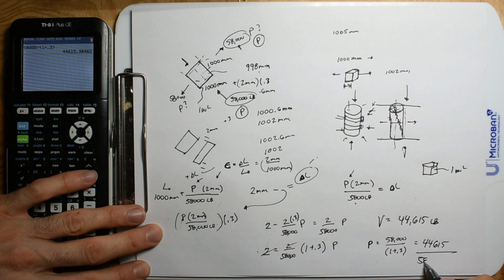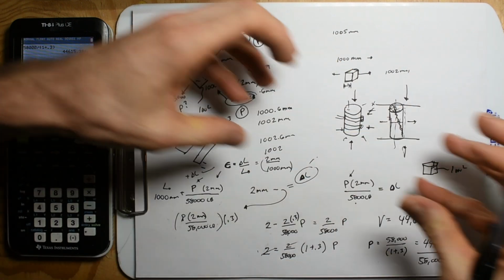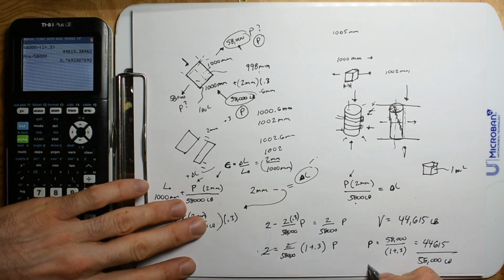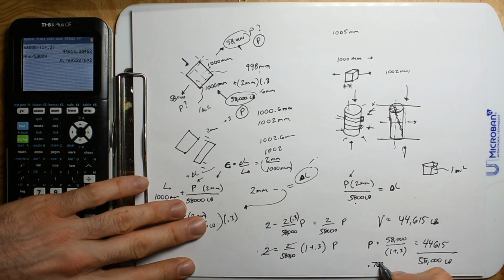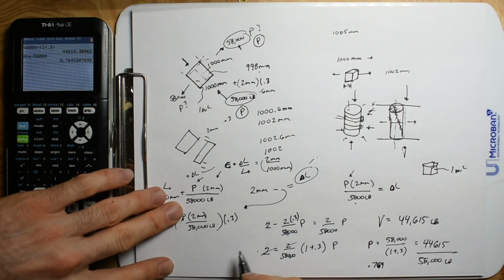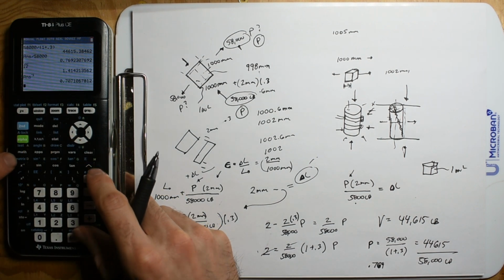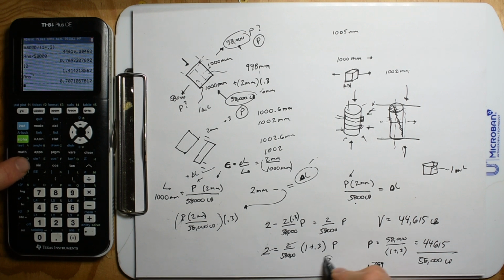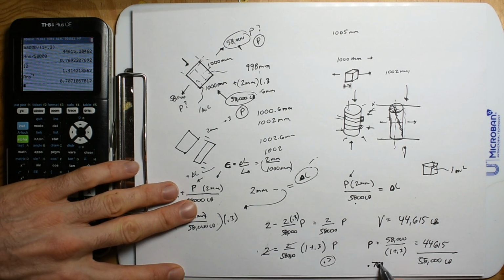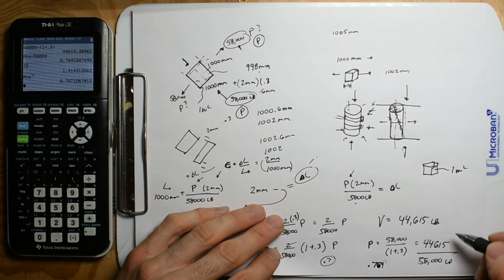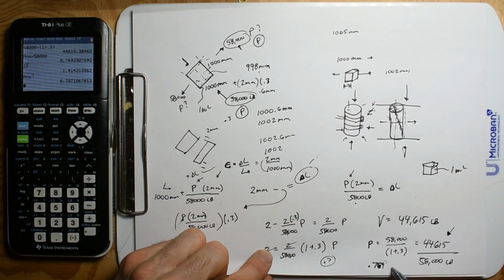If we divide this by 58,000 pounds, when we would actually put something in compression or tension, then we get a ratio of 0.769. And what's the square root of 2 inverted? It's 0.7. So this is why shear force is less.